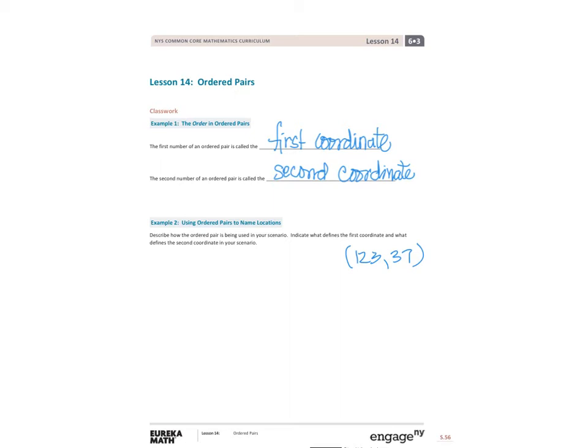Describe the meaning of each number in that ordered pair and how you use those to find your seat. Well, and then there's also an airline pilot and different degrees of your longitude, prime meridian, your latitude. So there's another way to use an ordered pair in describing your location. Or if you're in a school building and you've got an ordered pair of the number of the floor in which the room lies, followed by a sequential number of the rooms on that floor.